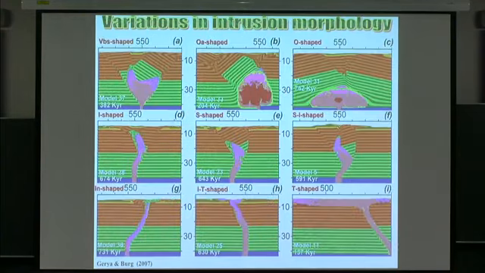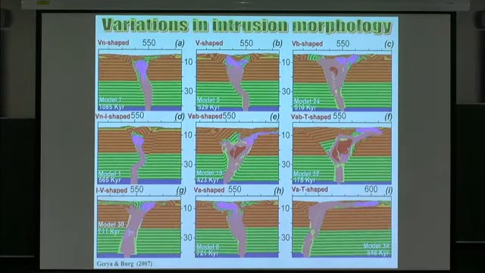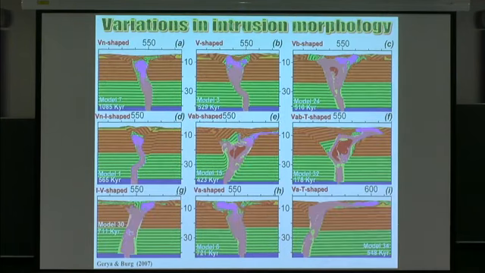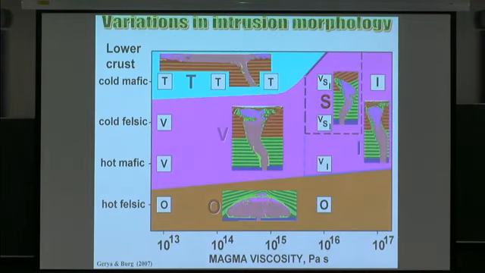So now if we do some kind of classification of different bodies forming in these single flow models with applied strain weakening, so strength of the material is decreasing with viscoplastic strain, we see that we can have dike-like bodies, balloons, also some funnel-shaped geometry, also eruption of material close to the surface, this magma flow, and everything is more or less controlled by variation in magma viscosity, which is defining rate of supply.